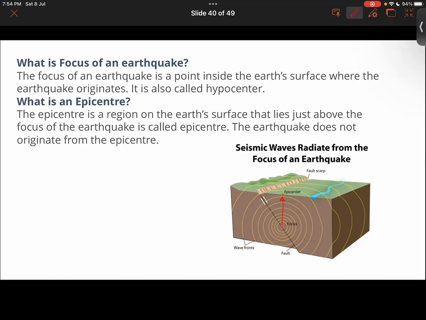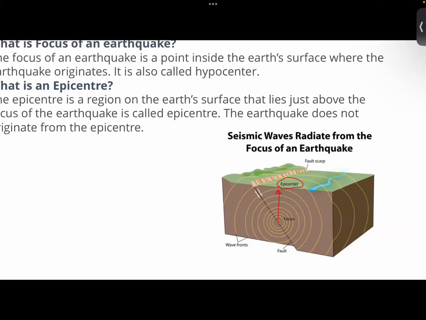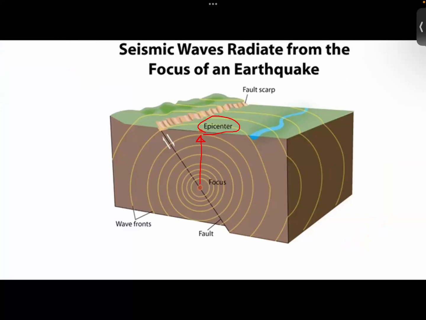And the point lying just above this focus is called the epicenter. Can you guys see this? Let me zoom up. Yes, sir. The point lying just above the focus is called the epicenter, and the energy produced in the focus travels in the form of waves.